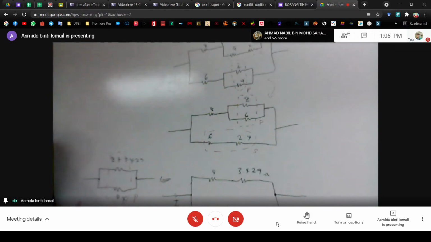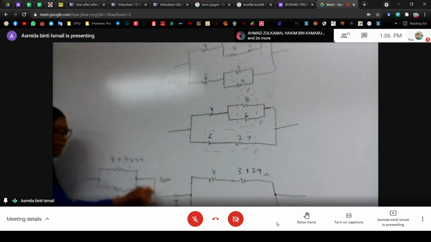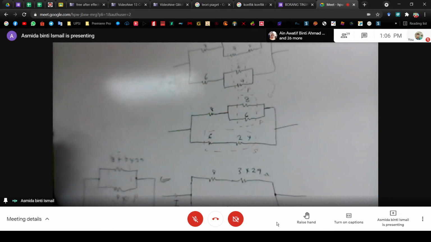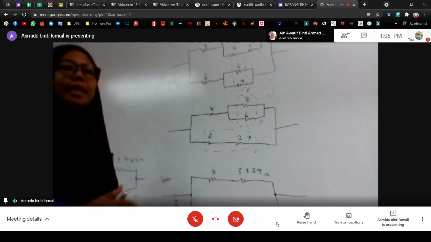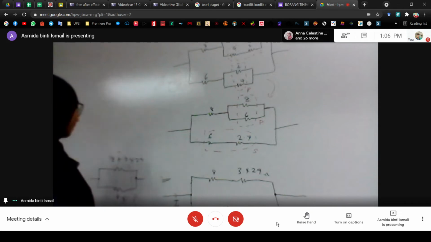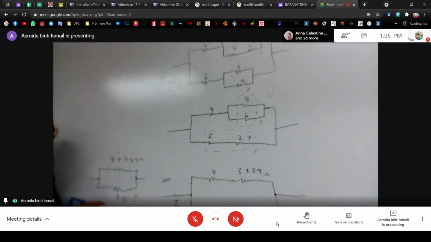Maybe this circuit is connected to the voltage supply. Right? Dia tak tunjuk dekat awak dekat sini sebab dekat sini dia nak suruh awak kira total resistance je. Faham tak? Okay. So from here, 8 plus 3.4 to 9 is 11.4 to 9. Okay.